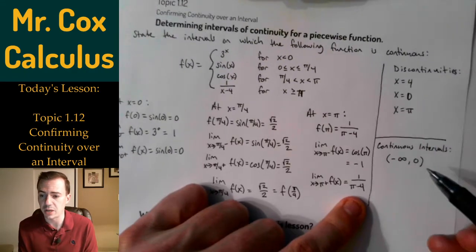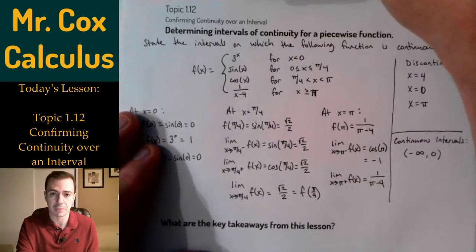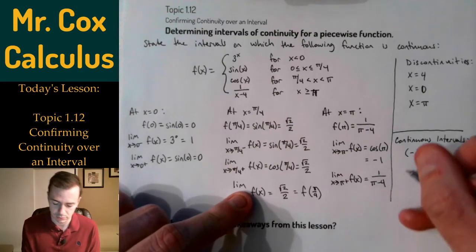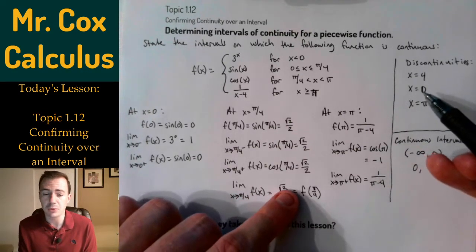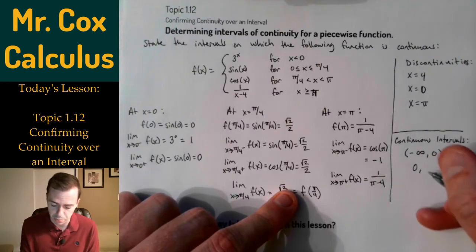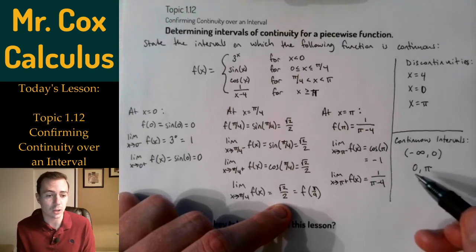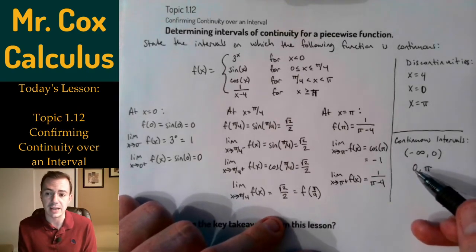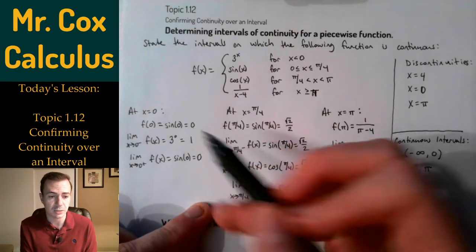Let's see, we already addressed the one at 0. So my continuity re-picks up at 0. Now, when I'm at 0, let's try to articulate what I'm trying to say. I'm able to stay continuous from 0 to pi. The question is, do I close these off or not? Well, over here on the left endpoint, I need to look at what f of 0 is. f of 0 was 0.